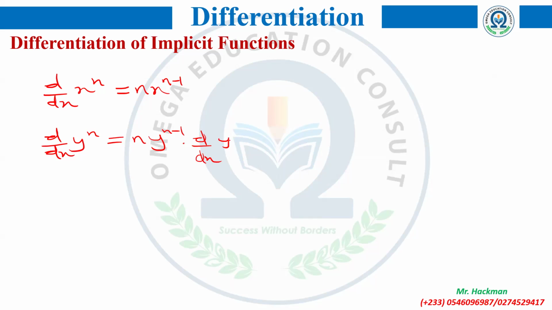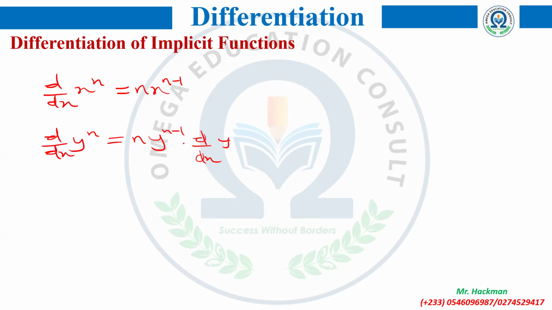So remember I told you that anytime you are differentiating any function raised to a power, we are supposed to use the composite function differentiation technique, the rule that I just walked you through.